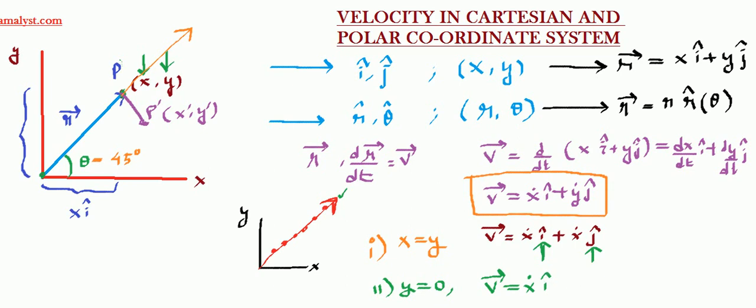So the absence of the j cap expression tells us that now the object is moving only along the x direction. If I draw x here and y here, the point P is moving only along the x axis. With time only the x coordinate is changing, the y coordinate is not changing. So these are easy stuff, you know this.